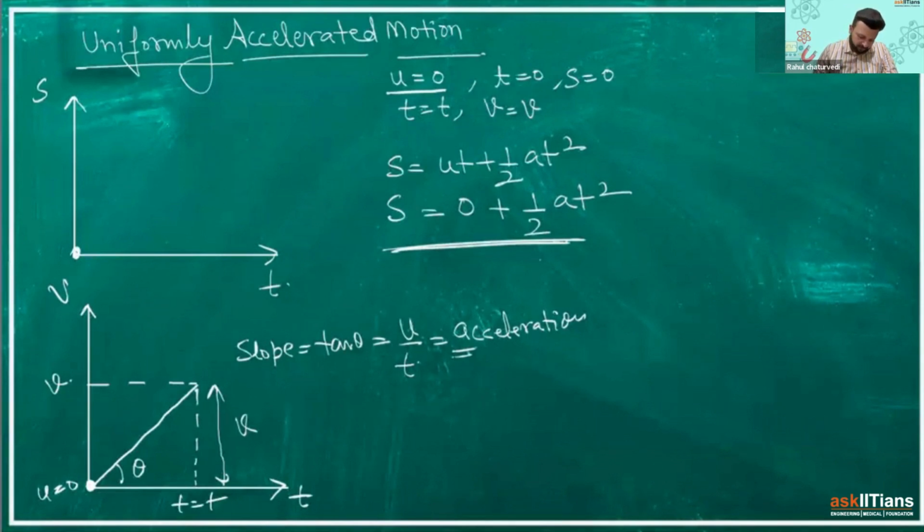So this graph will be something like this, right? So S is equal to half at square. This is your ST graph when velocity is increasing, and again the position has a parabolic equation with time, right? So this is a case of uniformly accelerated motion.